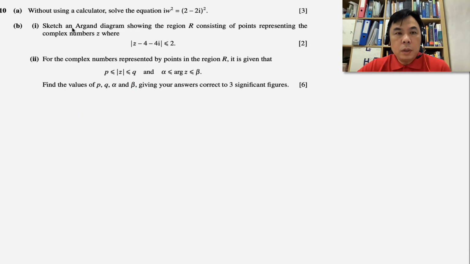All right, for the second part, we need to sketch an Argand diagram showing the region R consisting of points representing the complex number z as follows here. Now, we need to recognize this complex inequality as a locus or a region of points that is found inside a circle that is centered at (4, 4) and has radius 2.